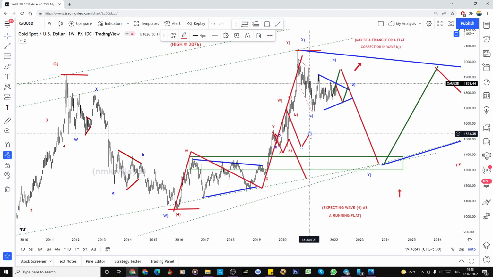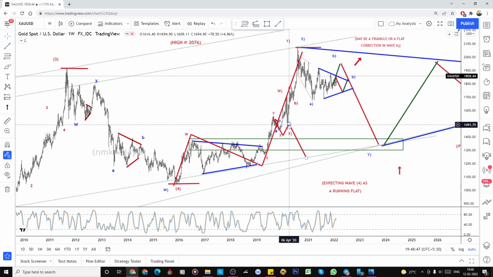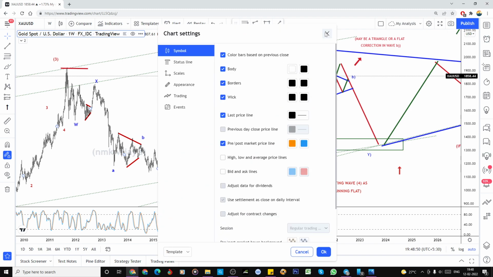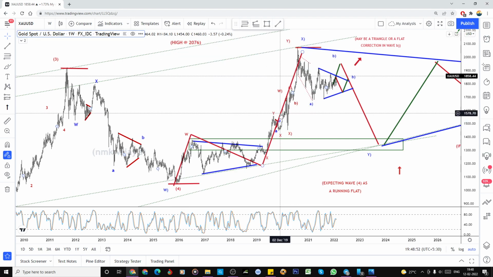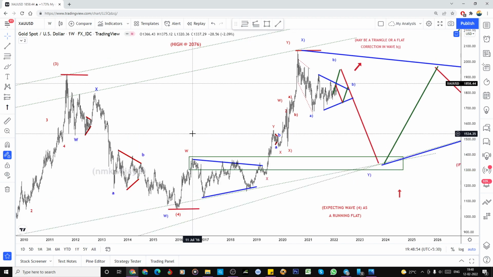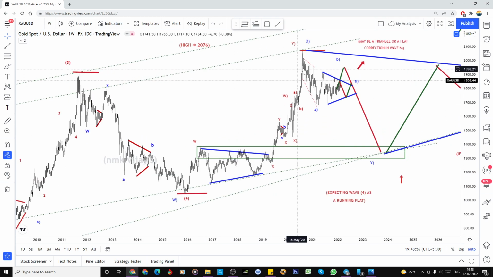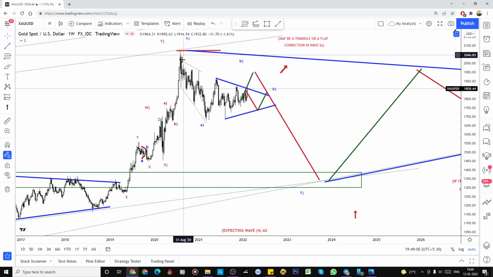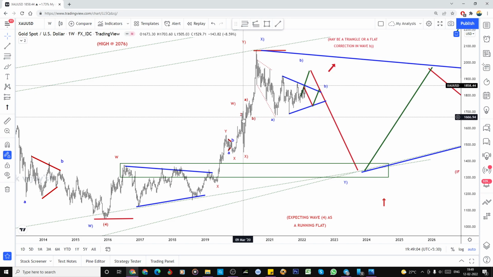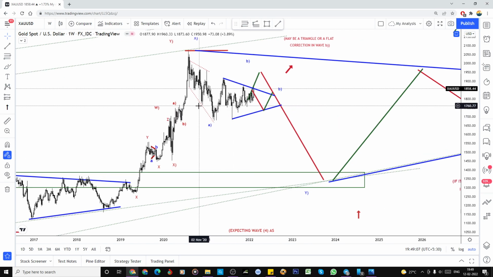So how am I looking from here? One second, I will delete this, otherwise it's a little bit cluttered. So from here I expected, and it is already broken. So it's a 1, 2, 3, and here the anchor is also here, and it's making a lower low.